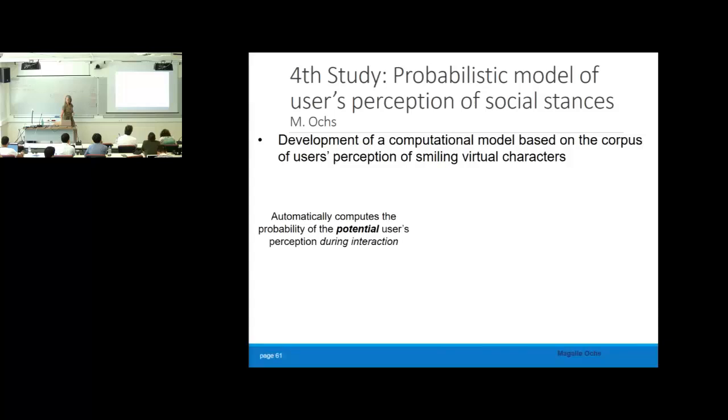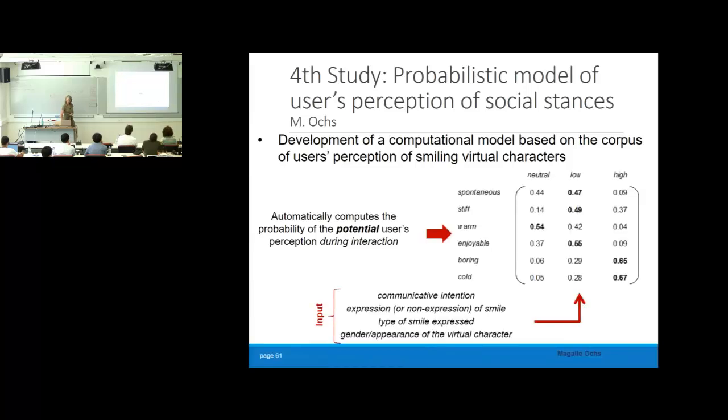So we conducted 4 studies where we wanted to have the user interacting with the agent. What we did is that we wanted to have the agent produce some smiles at given moments, and we wanted also to predict somehow, because we want the agent to manage the impression it's going to provide on the users.